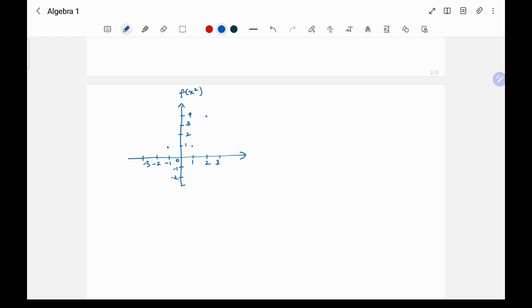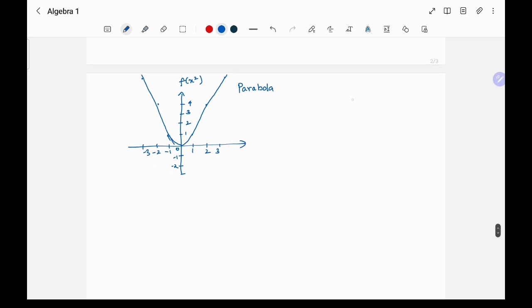Then 2 square is 4, minus 2 square is 4 again. And 3 square will be somewhere here, 9. Minus 3 also is 9. So you can see the symmetry, right? The function comes like this. This is called a parabola. This form of the graph is a parabola.